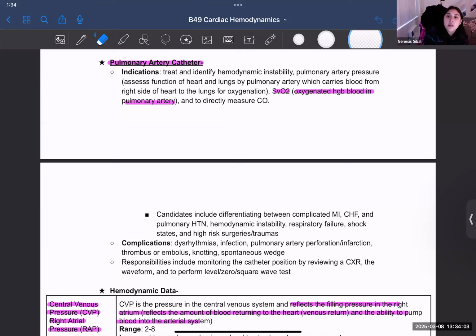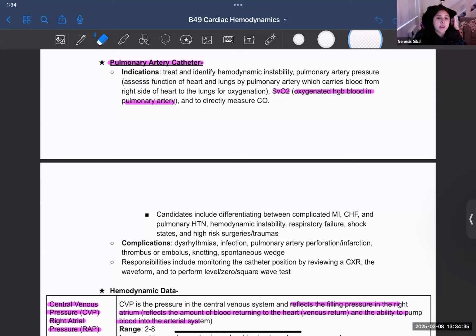The pulmonary artery carries the blood away, because it's an artery, from the right side of the heart to the lungs, then it goes back through the pulmonary veins, right? We just want to see what's happening with the function there, making sure everything's good. And then it can also check SvO2, which is the oxygenated hemoglobin in the pulmonary artery, and it can directly measure their cardiac output as well.